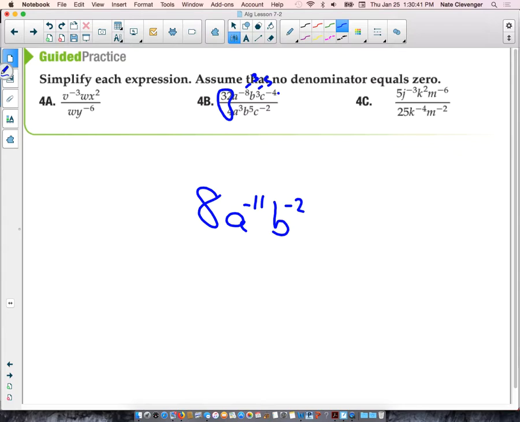And then -4 minus -2. No, -2. Plus plus makes that c to the -2nd. And then to write it nice and neat, put those down. The 8 I have to leave on top, because if I were to move it down, it would have to become 8 to the -1st. But so it's just a whole number value, leave it alone.